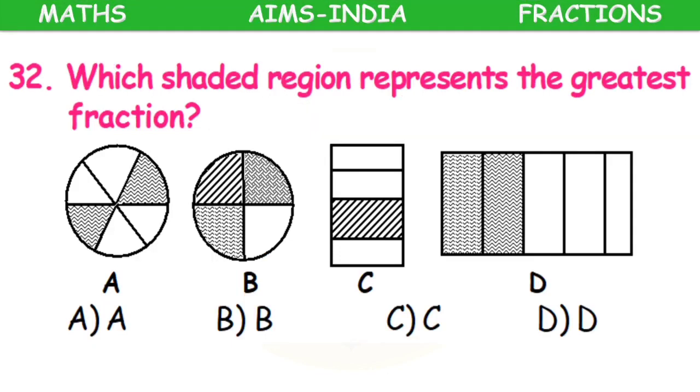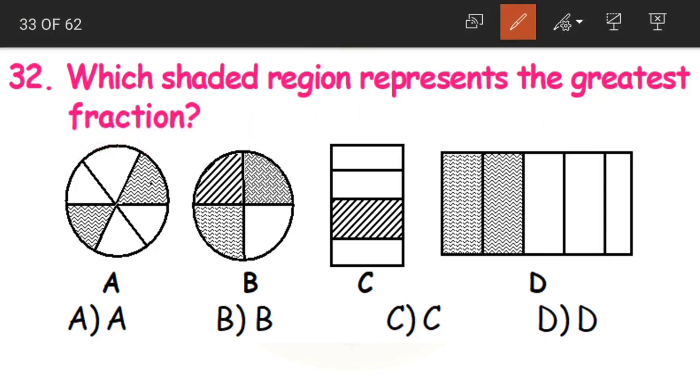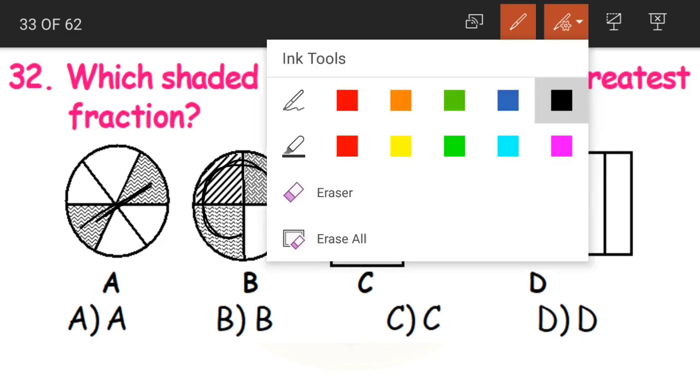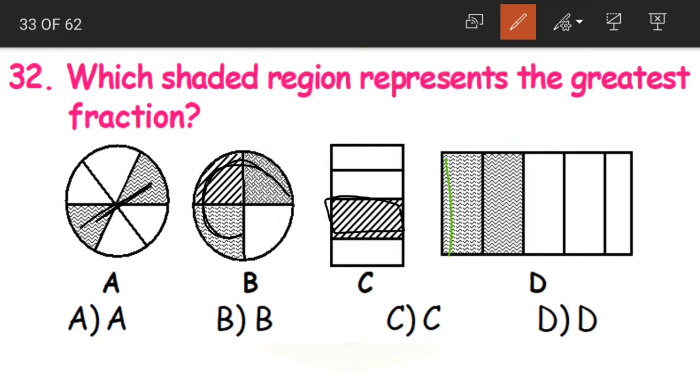Okay children? Next, question 32. Which shaded region represents the greatest fraction? Okay, now for this you need to observe the shaded regions. Which shaded region has the most area? See, this is covering only this much. This is covering almost the entire circle. This is covering only this much area, and figure D is covering only this much area.